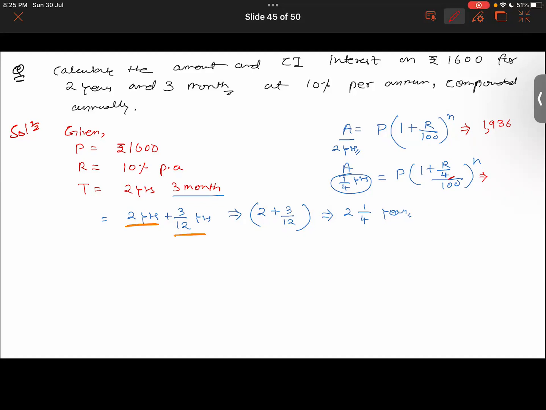Please repeat what you said. The quarterly year will be only 1 by 4, right? Exactly, 1 by 4. Simply divide the rate by 4 and then you will get the amount.